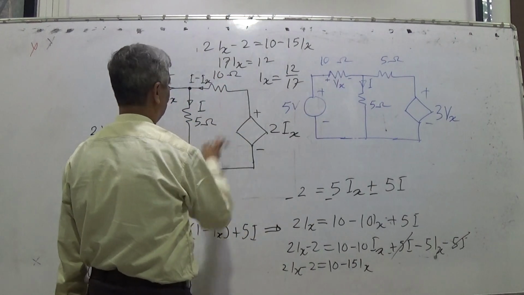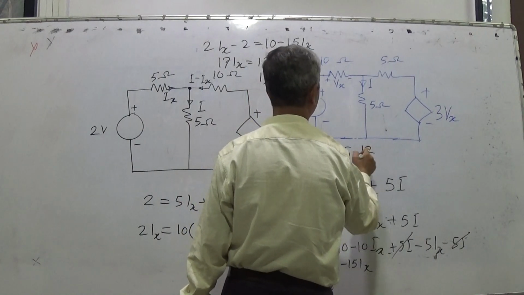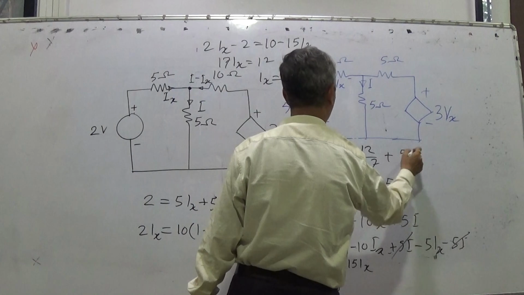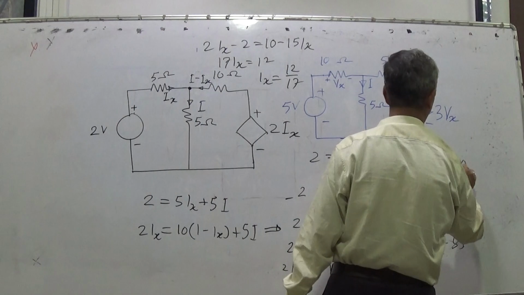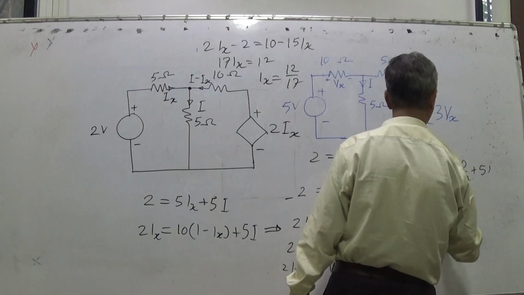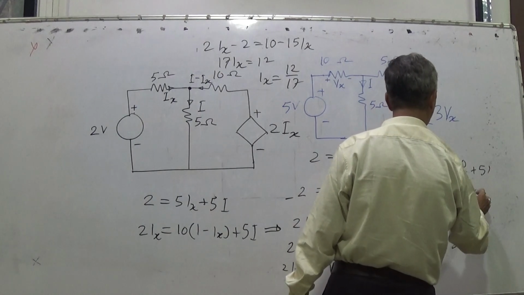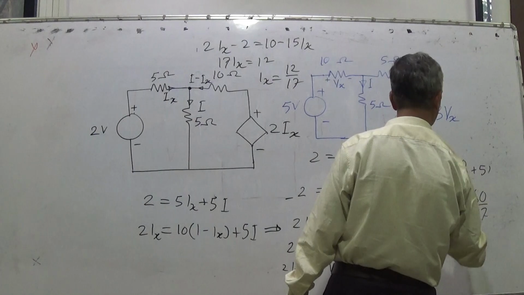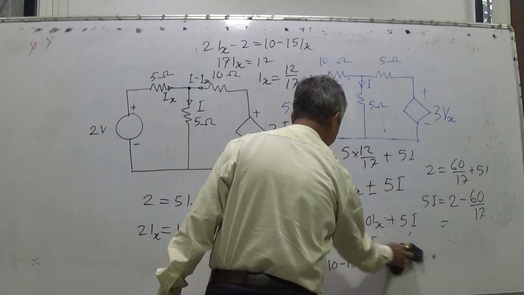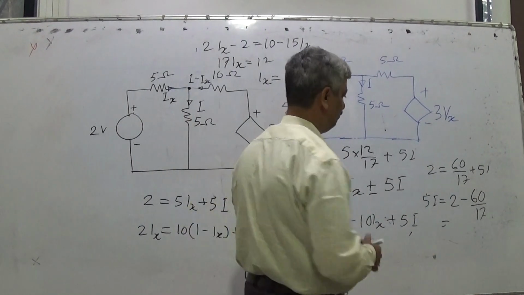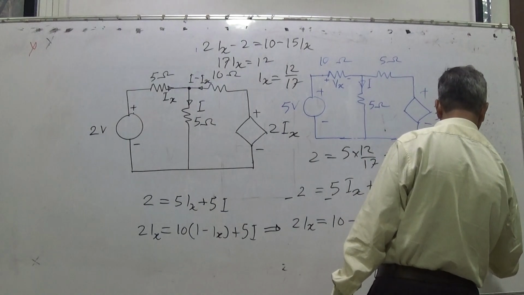Putting Ix equal to 12 by 17 here, 2 is equal to 5 into 12 by 17 plus 5I. So that is 60 upon 17. 2 is equal to 60 upon 17 plus 5I, so 5I is equal to 2 minus 60 upon 17, that is 34 minus 60, which is minus 26 upon 17.